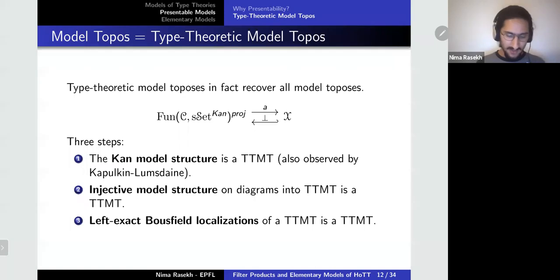You might complain that here there's a projective and now there's an injective, but they are equivalent, so it's not too bad. Up to equivalence, you can work with either. And then he localizes, and it's still preserved if you do a left exact localization. That proves that I have a model for HoTT and I can recover all model toposes in there. So this is a complete solution for the presentable case. Presentable exactly recovers all presentable infinity-one categories, which are models for homotopy type theory.